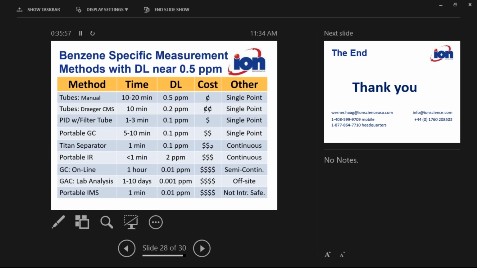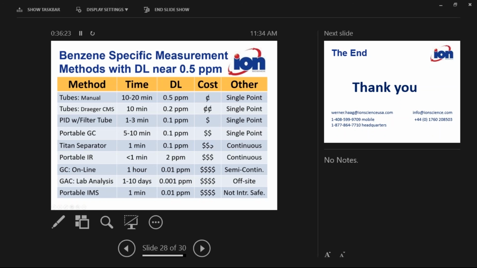The portable ion mobility spectrometer, that's the portable mass spectrometer coming online recently. They're available. 10 ppb detection limits, fairly high cost, and they're not intrinsically safe, so you can't use them around a lot of refineries. At least the latest ones that I've been researching, I couldn't find one that's intrinsically safe.